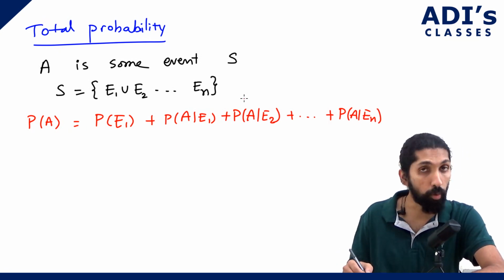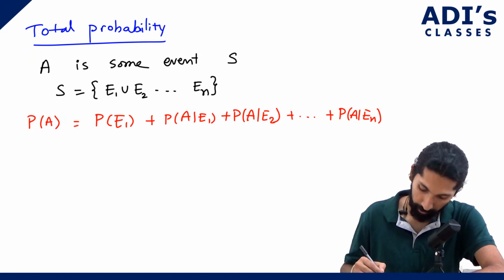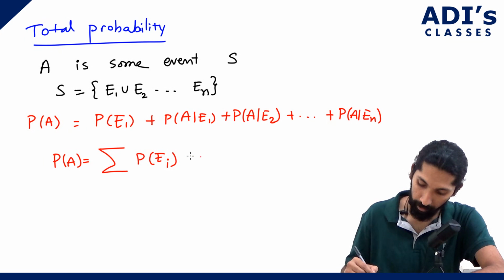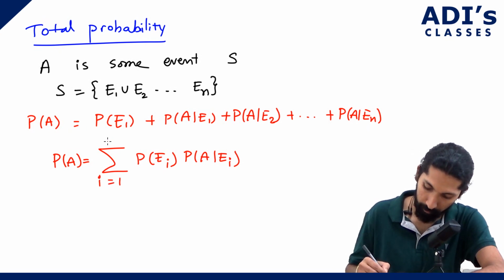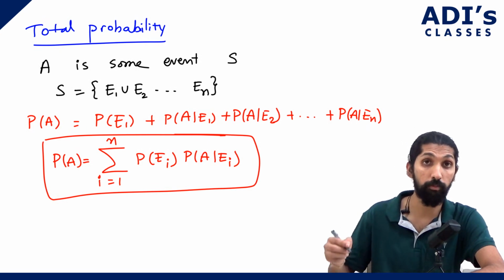This is called the total probability, or in short, we write it as sigma. P of A is equal to sigma P of Ei into P of A given Ei, where i is equal to 1 to n.